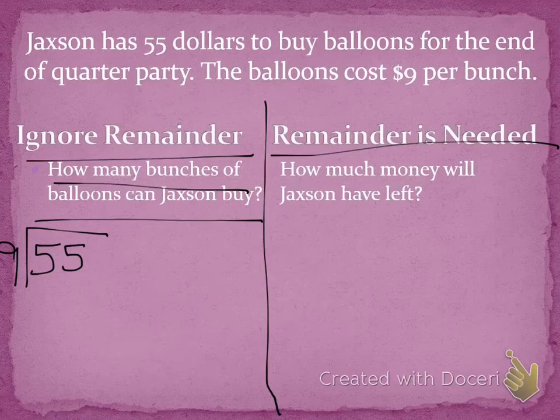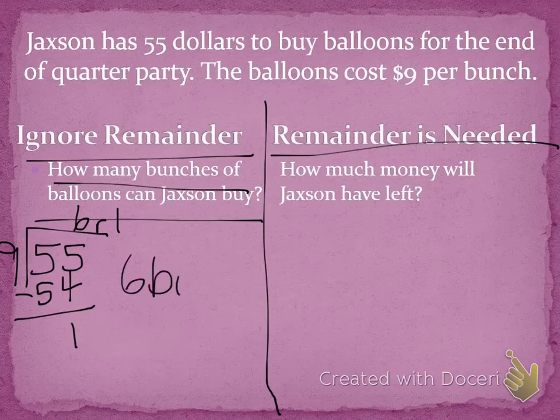So I'm thinking about my multiplication skills, knowing that 9 times 6 will give me 54. I'll do my subtraction, giving me a remainder of 1. He only has $55, so I can't buy any more than 6. So for this, he can buy 6 bunches.